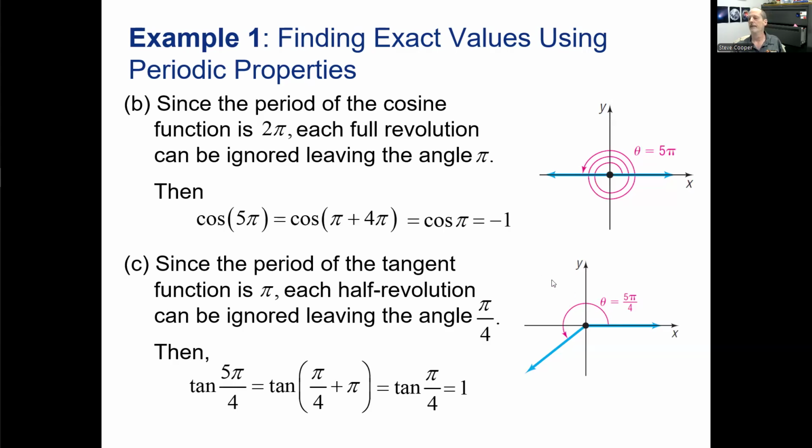So this quadrant has all common tangents as this quadrant, and this quadrant has common tangents in this quadrant. And then the y-axis, the tangent is going to be undefined here, and it's going to be 0 here and here. Okay, so let's move on.